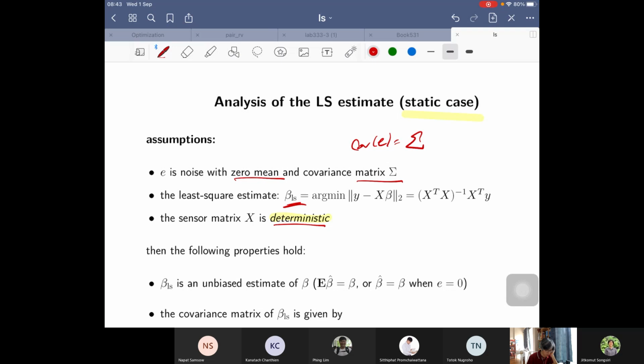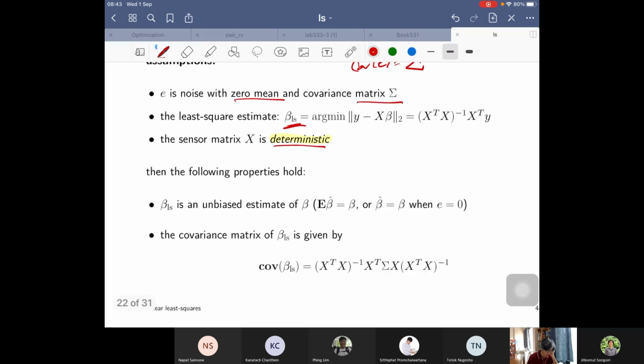The important results are, number one, that when the noise is zero mean, your beta LS is an unbiased estimate. Number two says that we can derive the covariance by this formula. So now let's see number one.